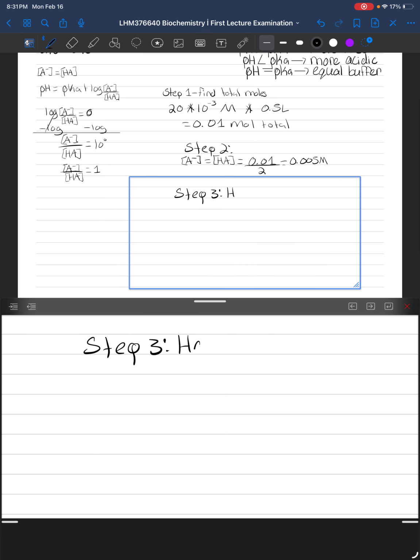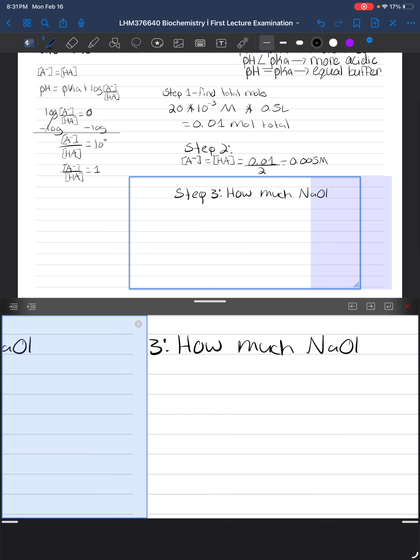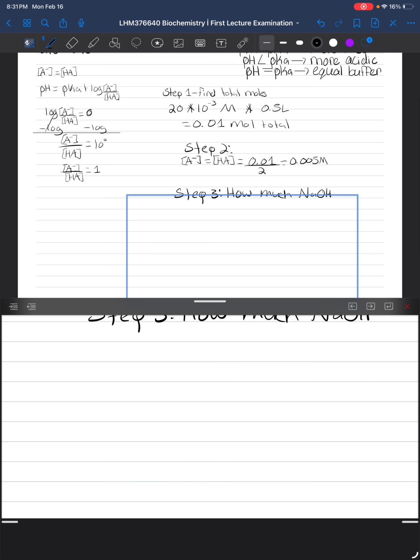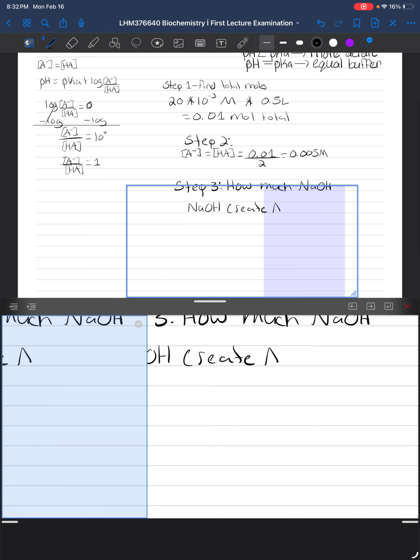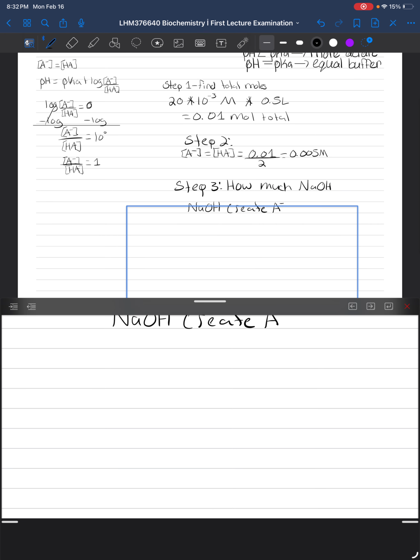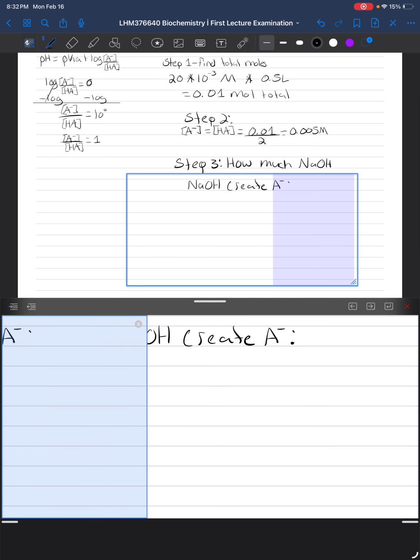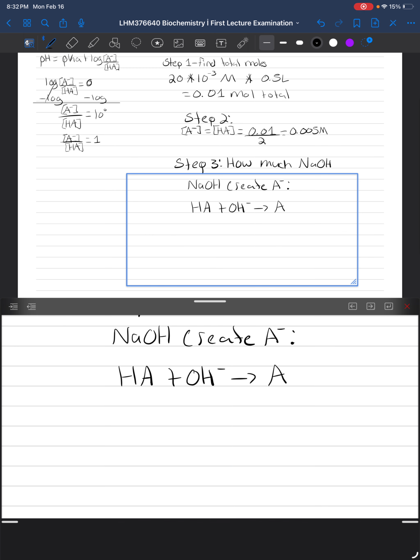And we need to figure out how much NaOH is needed. NaOH is a strong base, and it creates A minus, which represents the base. So it's going to be HA plus OH minus reacts to give A minus.